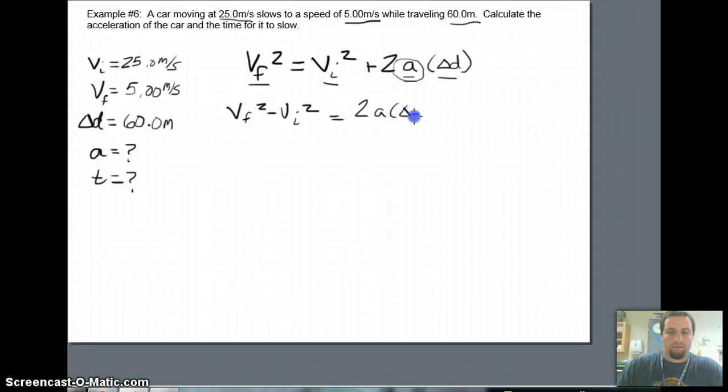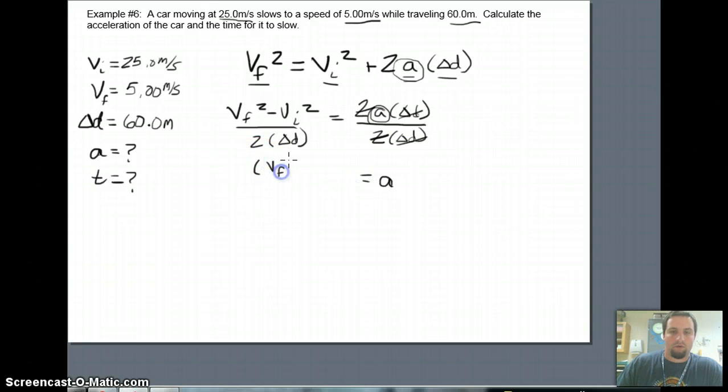Next, I want to get A by itself, so I'm going to divide by 2 times delta D. The 2's cancel out, the delta D's cancel out, and I have A on the right side. So A is equal to VF squared minus VI squared over 2 times delta D. I believe this is a problem that we did earlier in this unit as an example problem.